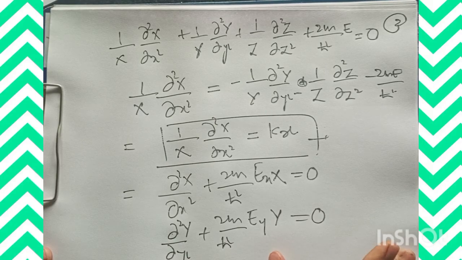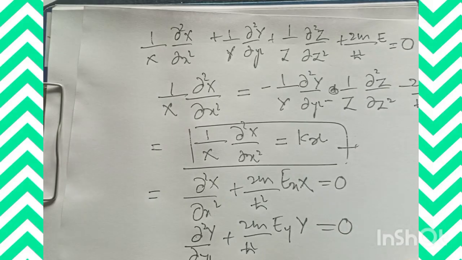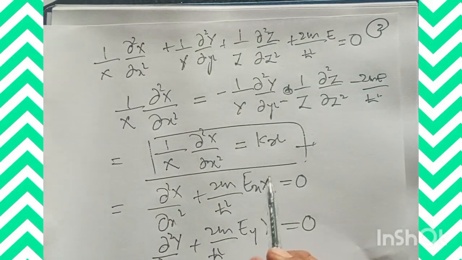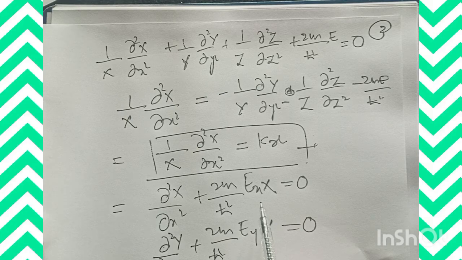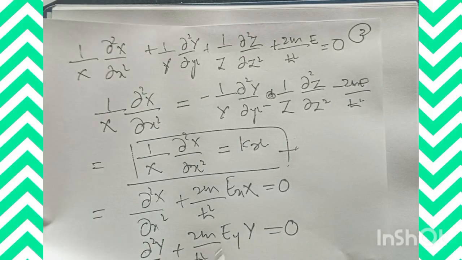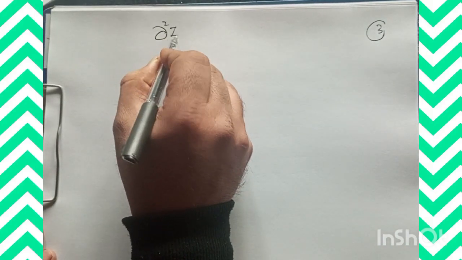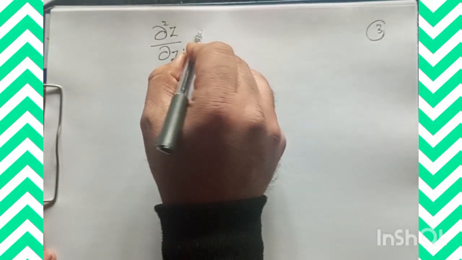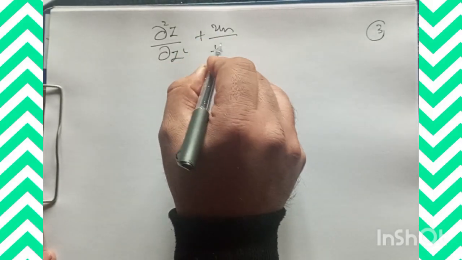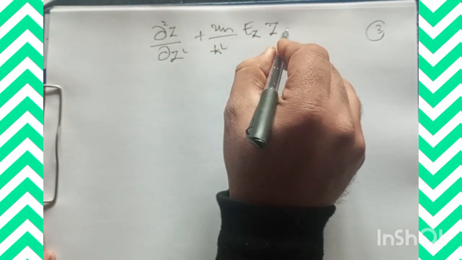So we will have these three independent equations, where we have solved this kind of thing in detail in the previous video when we were discussing the free particle, where we used this variable separable approach. So the third equation we can immediately have is dou 2Z by dou z2 plus 2m by h cross square Ez Z is equal to 0.